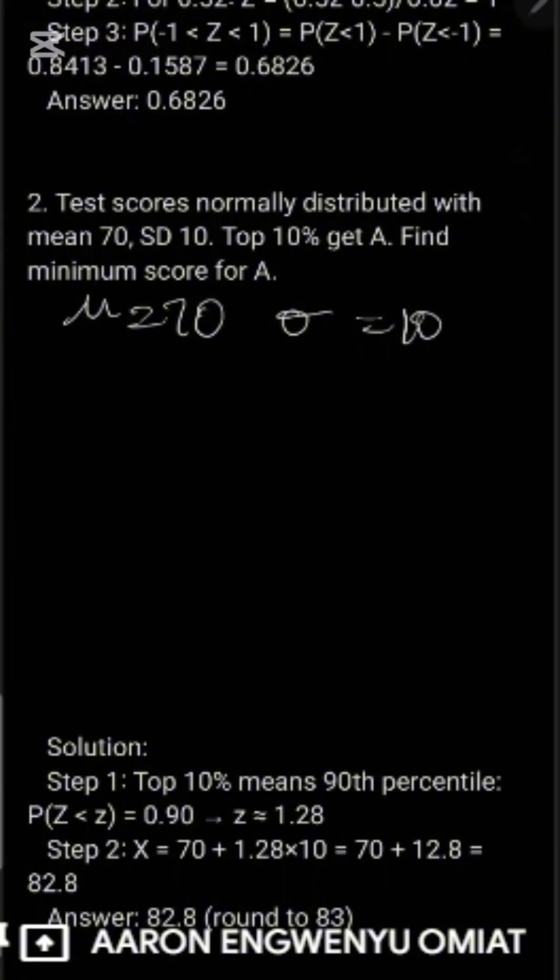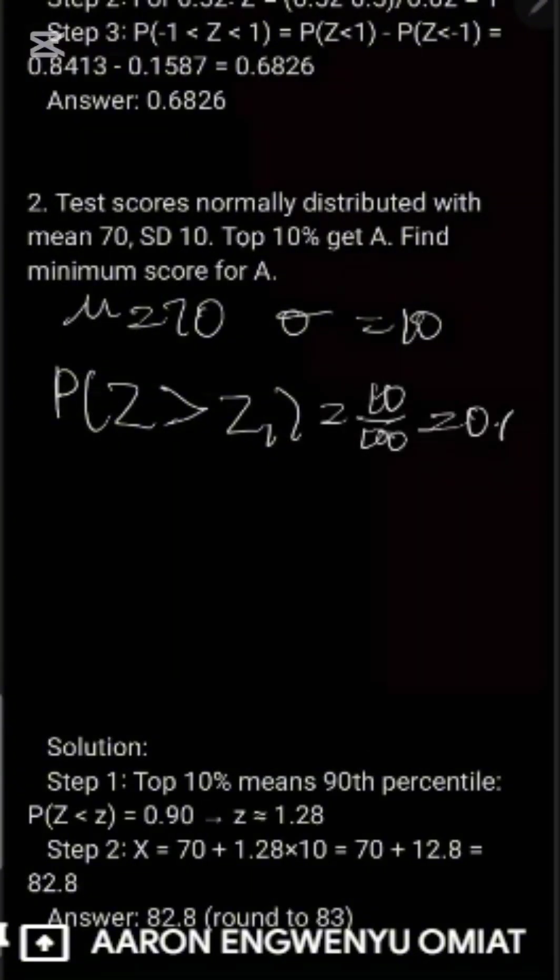Probability. Oh, yeah, you're right. So top 10% get A. That is the same as probability of Z greater than, let's call it Z1, equals 10 over 100, which is 0.1.